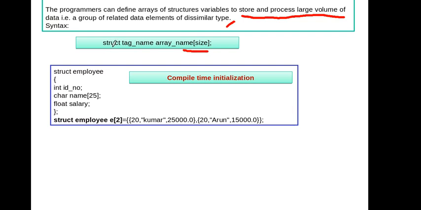Here is the struct keyword and the name of the structure. This is the structure variable, and it is declared in the form of an array. The size indicates the maximum number of structure variables, right?